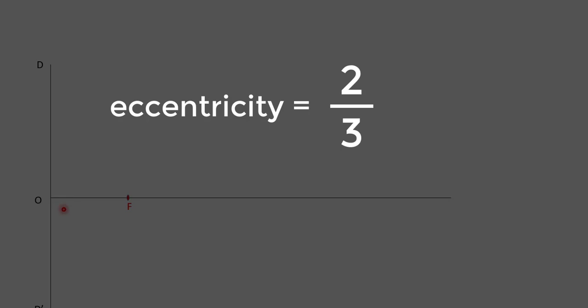Why 5? If you look at the eccentricity given, it is 2 upon 3. So we will add the numerator and denominator values, which is 2 and 3 over here. So 2 plus 3 would be 5. So we will divide this OF into 5 equal parts.